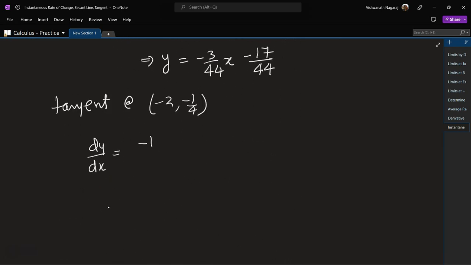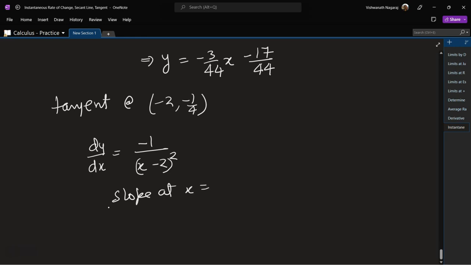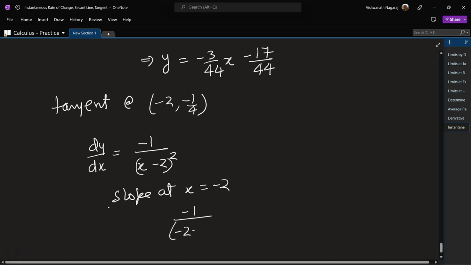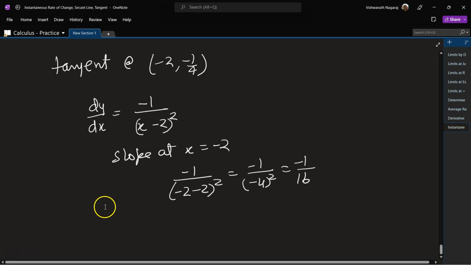So we know this is going to be minus 1 by (x minus 2) square, and the slope at x equal to minus 2 would be minus 1 by (minus 2 minus 2) square, which is equal to minus 1 by (minus 4) square, which is equal to minus 1 by 16.